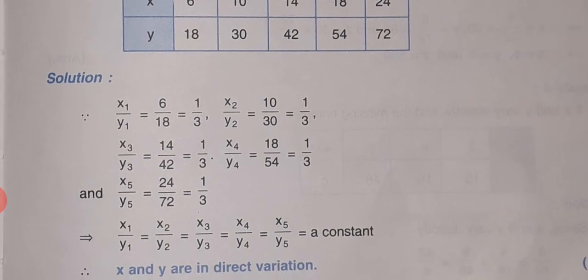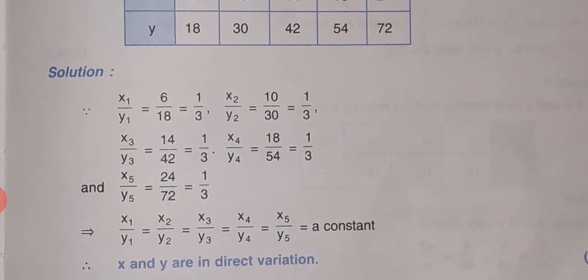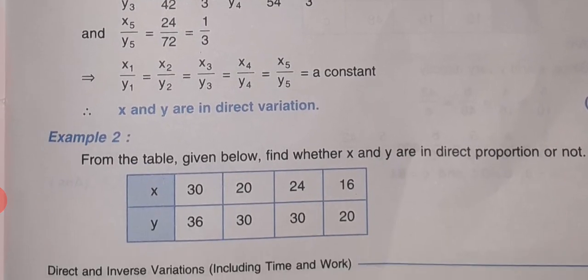That means x1 by y1 equals x2 by y2 equals x3 by y3 equals x4 by y4 equals x5 by y5 equals a constant, and the constant is 1 by 3. So from this we can easily say x and y are in direct variation. As they all are equal, they are in direct variation. Coming to the second example.